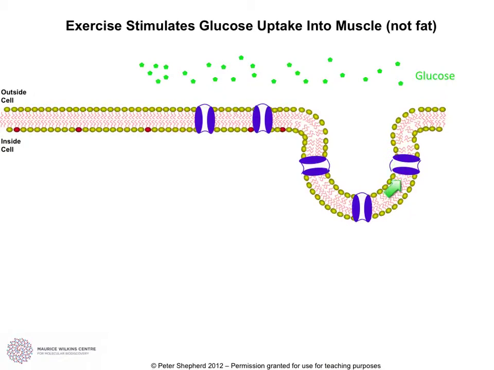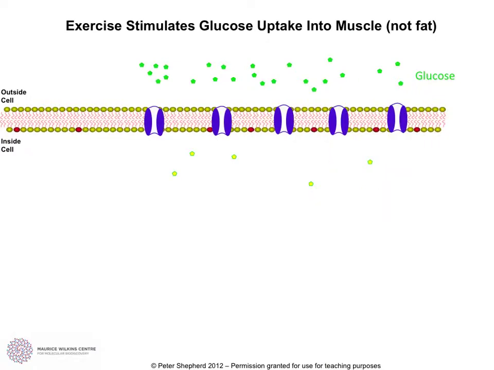And now it's joining in with the cell membrane, so you're starting to see these GLUT4 transporter proteins being expressed on the surface of this muscle cell. And finally, we've got this high expression now of these GLUT4 transporter proteins so that they can take up glucose from the bloodstream into the cell itself.